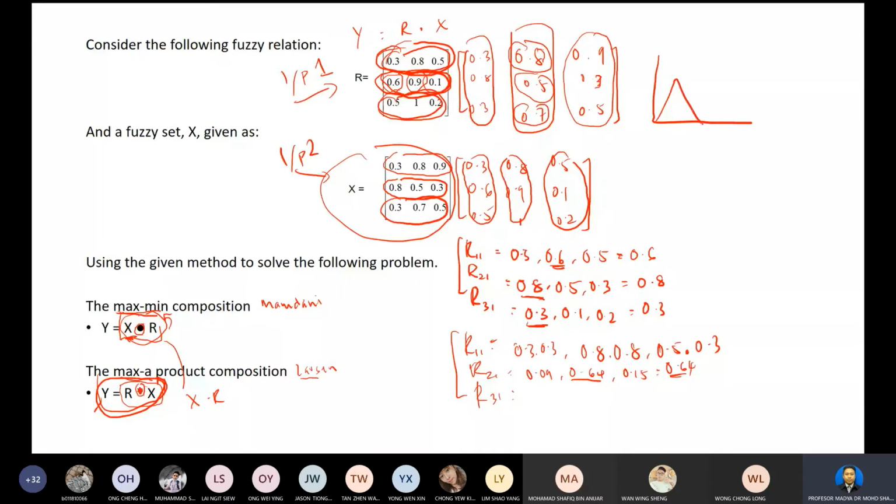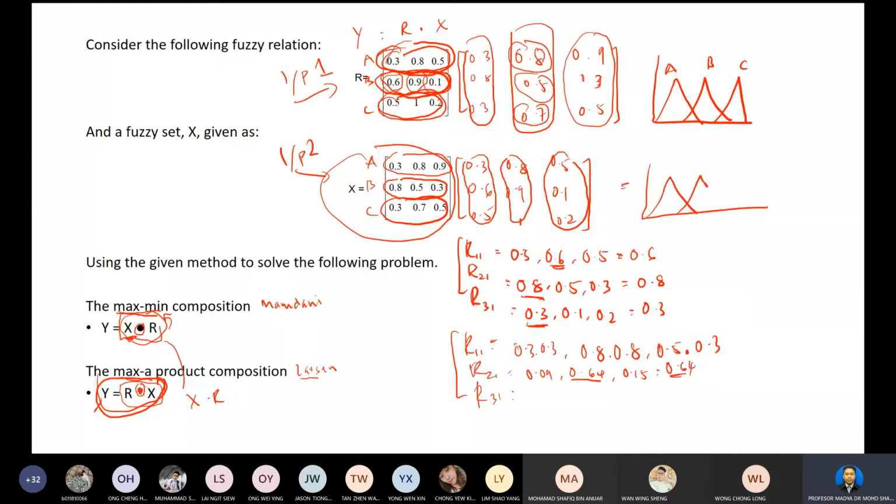We can set these as A, B, C. This one is graphical, and this one uses the matrix numbers. Similarly for input 2, we have membership A, membership B, membership C. Converted into graphical form, maybe it looks like this, just an example.